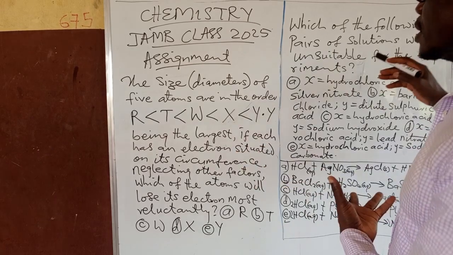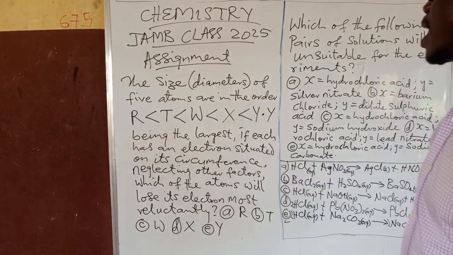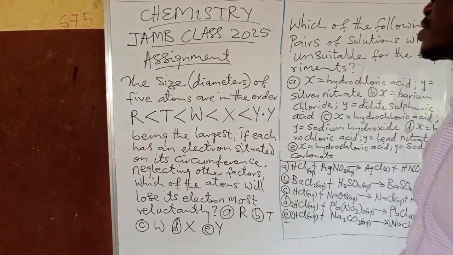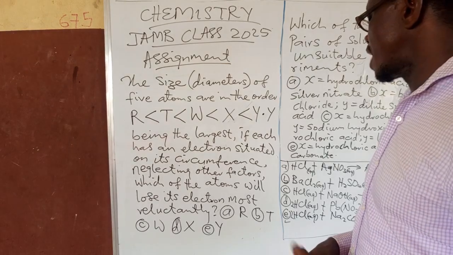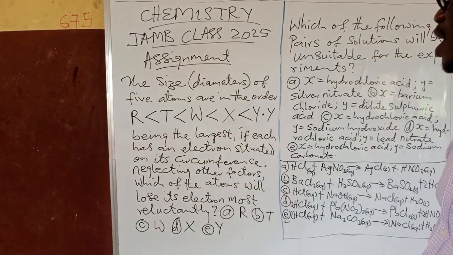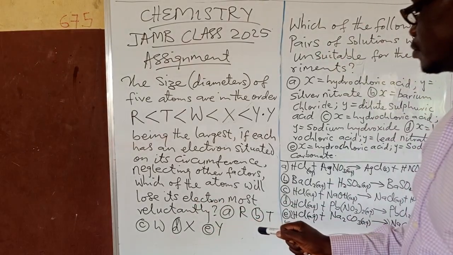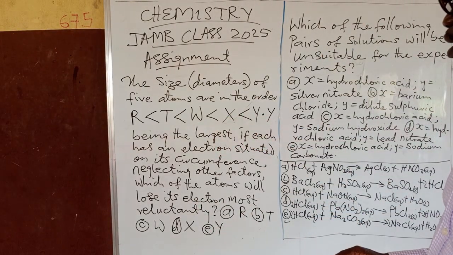Like that, it increases. If each has an electron situated on its circumference, neglecting other factors, which of the atoms will lose its electron most reluctantly?